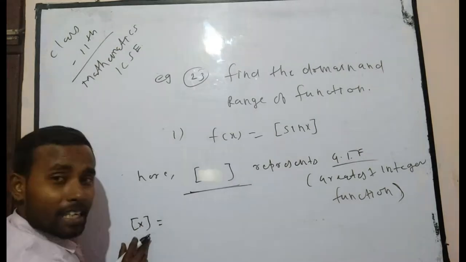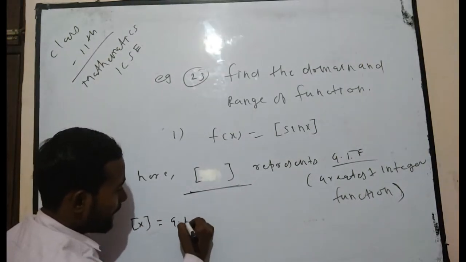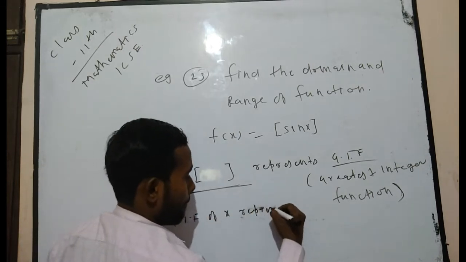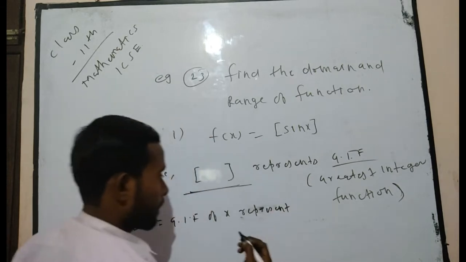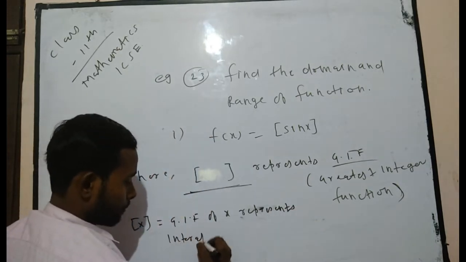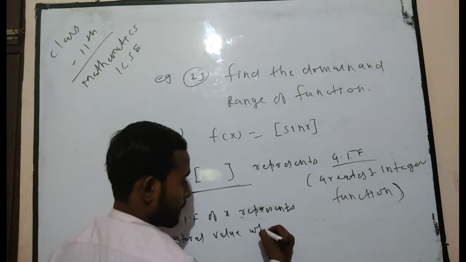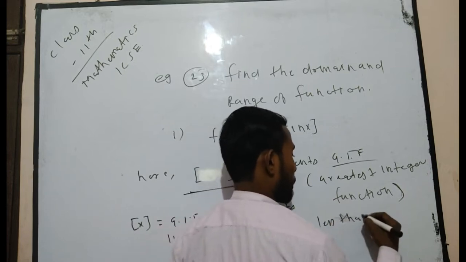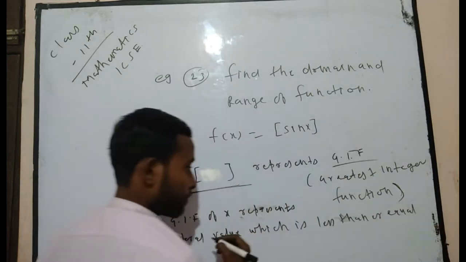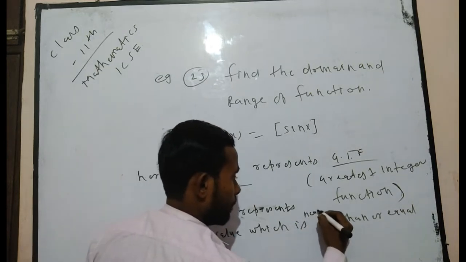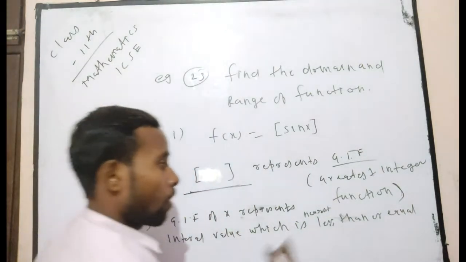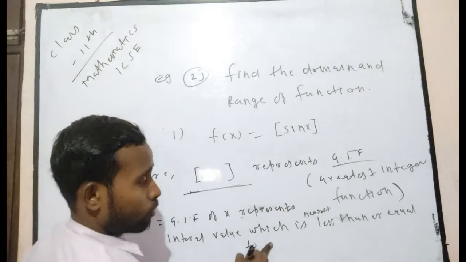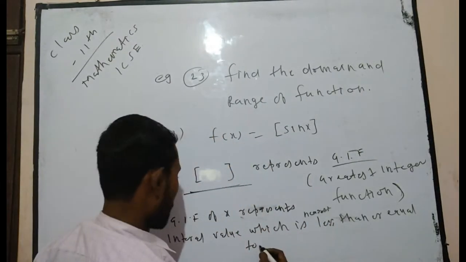It is the greatest integer of x. GIF of x represents the integral value which is nearest, less than or equal to x.